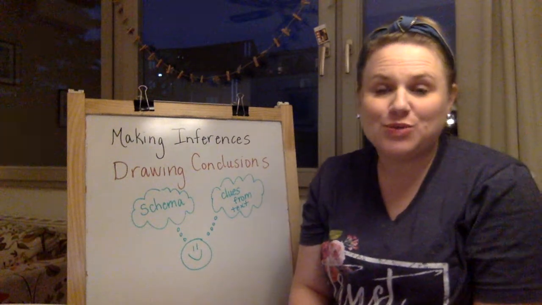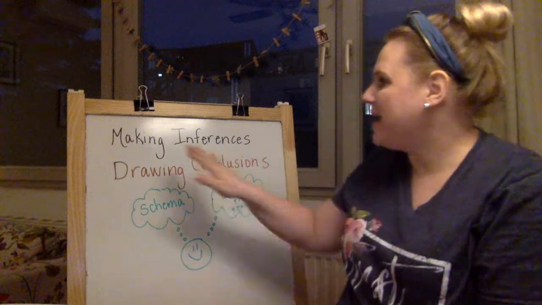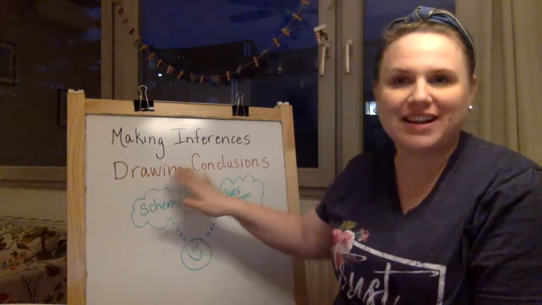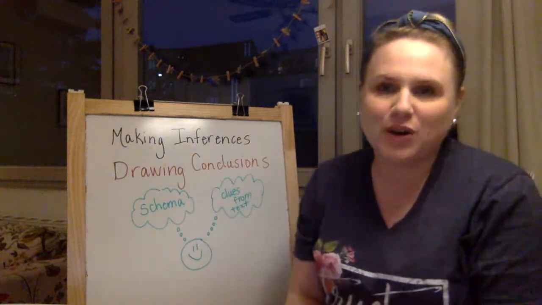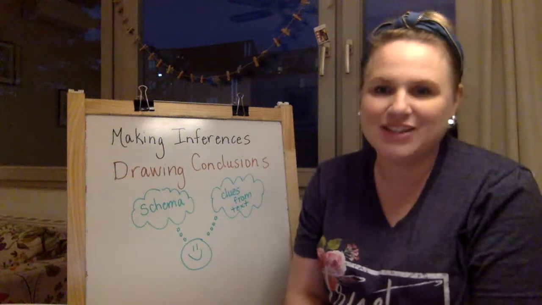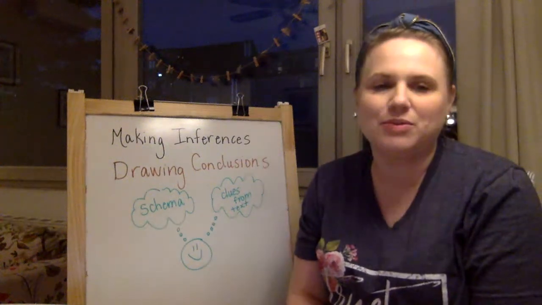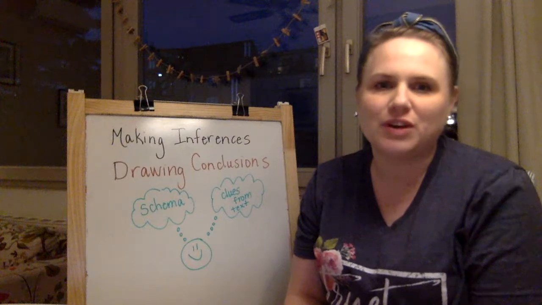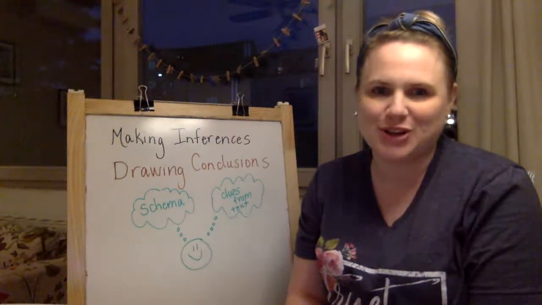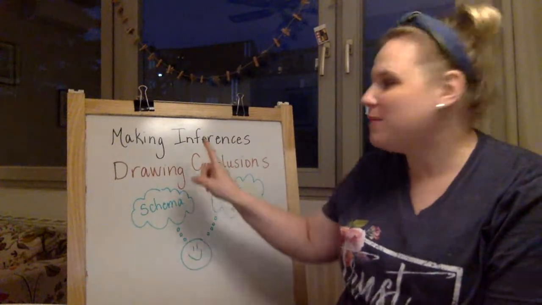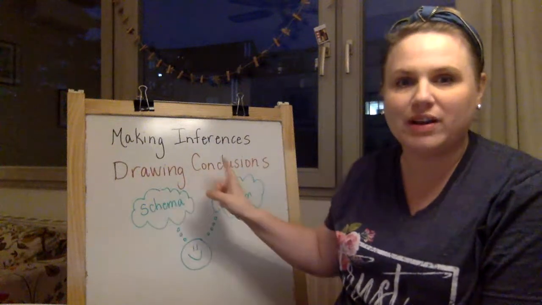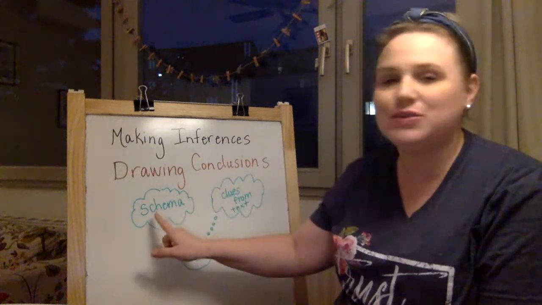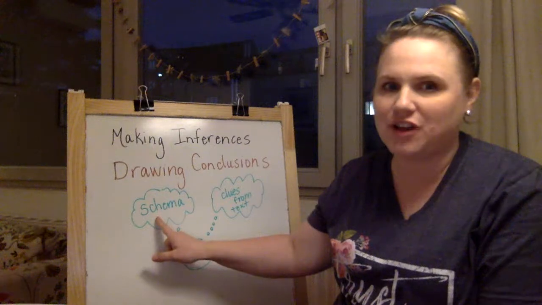Today, we're going to wrap up our discussion about making inferences and drawing conclusions. We've been working on that for several days, and you're doing a fantastic job. I really love seeing all of your work. So remember, when you're making an inference or drawing a conclusion, you're using your schema, or your background knowledge.